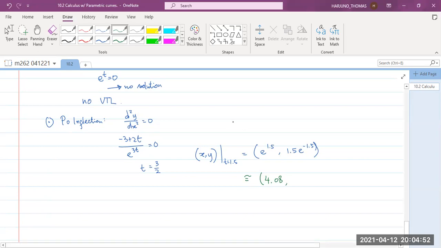Oh, I'm sorry, this is 4.48. And this is 0.15 if I round it to 2 decimal places.